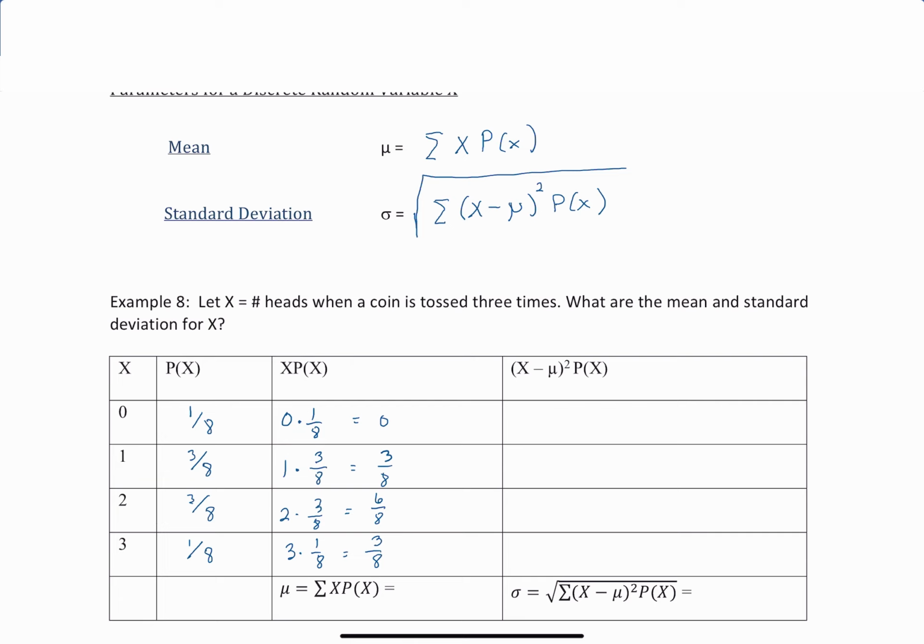That's this sign up in the formula. You may recall that was the Greek letter sigma, sigma being a Greek S. So if we add those up, we have 12/8. And I'm going to go ahead and simplify that to 3/2, which is, of course, the same thing as 1.5.